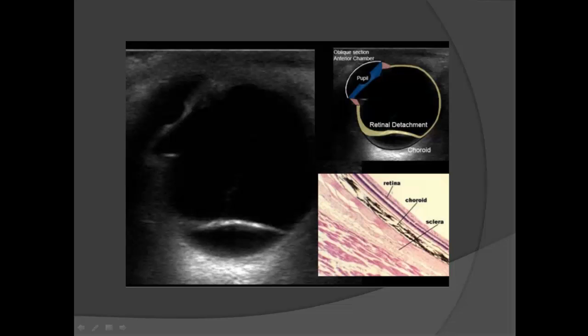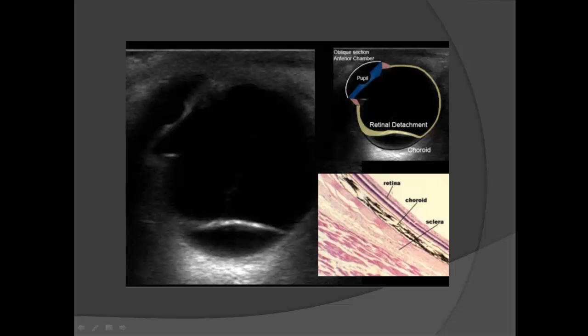It's nice that they show this picture on the right, where you can tell the actual contour of the retina has been detached from the normal oval curvature of what the retina should look like. This is what you would see if you're suspecting retinal detachment, and it can be used to diagnose it when you notice this irregularity along the posterior segment of the eye.